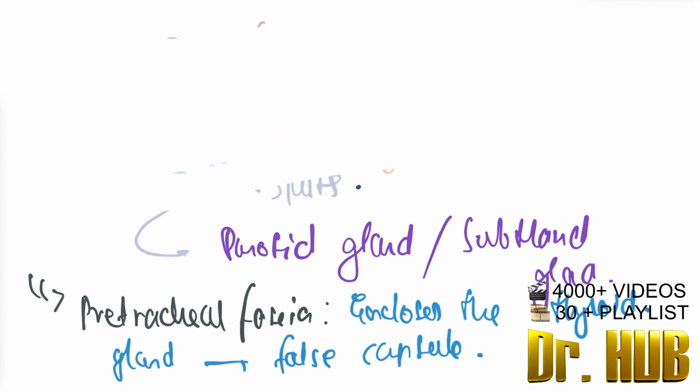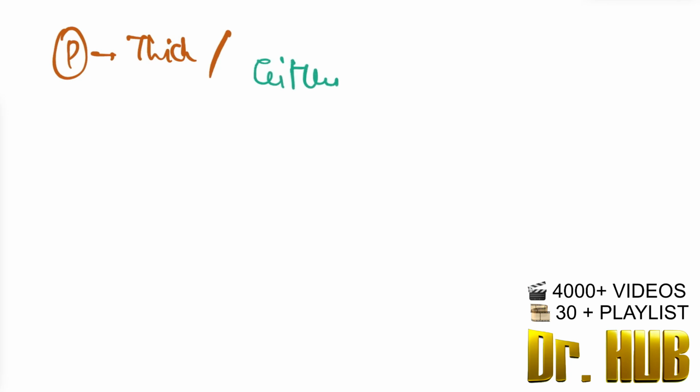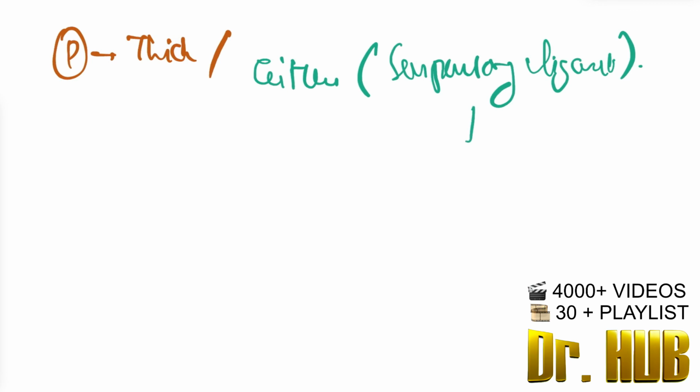This capsule is thickened posteriorly, and on either side it forms a suspensory ligament. The suspensory ligament is nothing but the ligament of Berry.